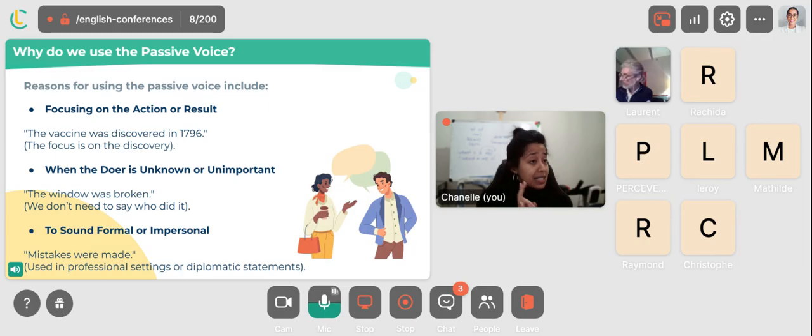The second reason is when the doer is unknown or unimportant. For example, the window was broken. We don't need to say who did it. The most important thing was that the window was broken. And the third reason for using the passive voice is to sound formal or impersonal.